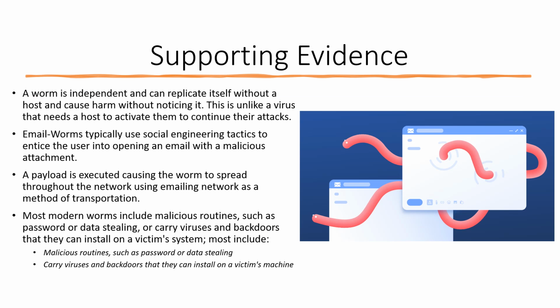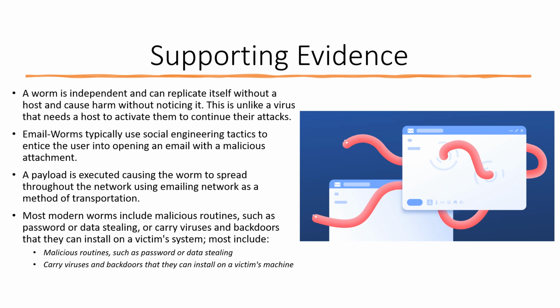A worm is independent and can replicate itself without a host and cause harm without anyone noticing it. This is unlike a virus that needs a host to activate to initiate their attacks. This type of worm appears to be an email worm, which typically uses social engineering tactics to entice the user into opening an email with a malicious attachment.